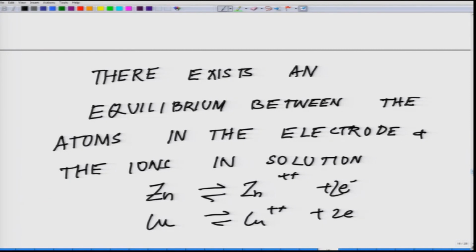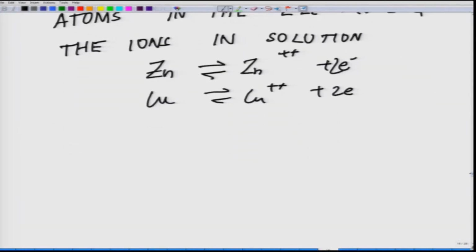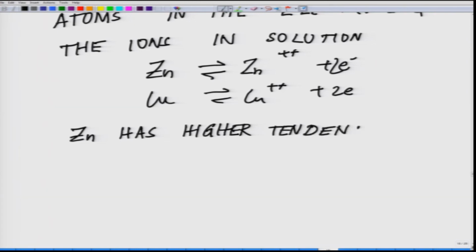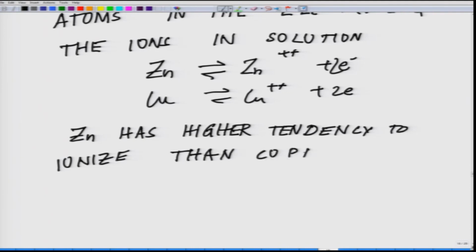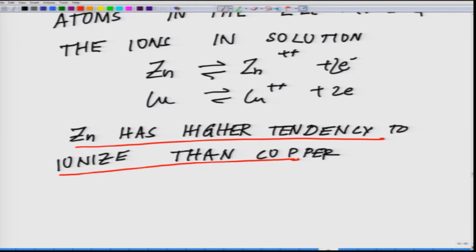But here you have to realize that zinc has a higher tendency to ionize than copper. I am highlighting this because this is the key to understanding this.